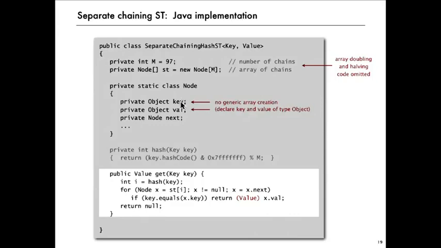Just in terms of implementation details, our keys and values have to be objects because we can't have an array of generics. Since we're making an array of nodes, and node would have generics for key and value, we have to make them objects, and then when we get things off, we're going to have to cast.